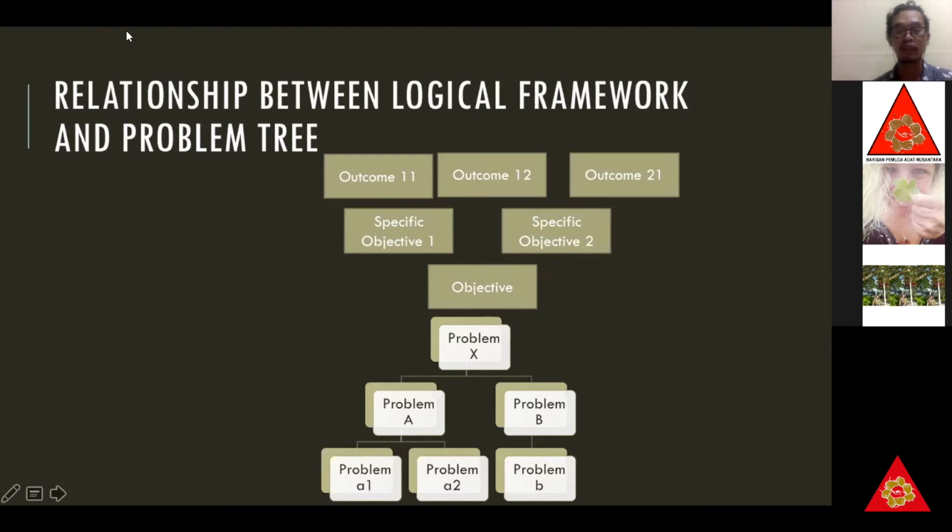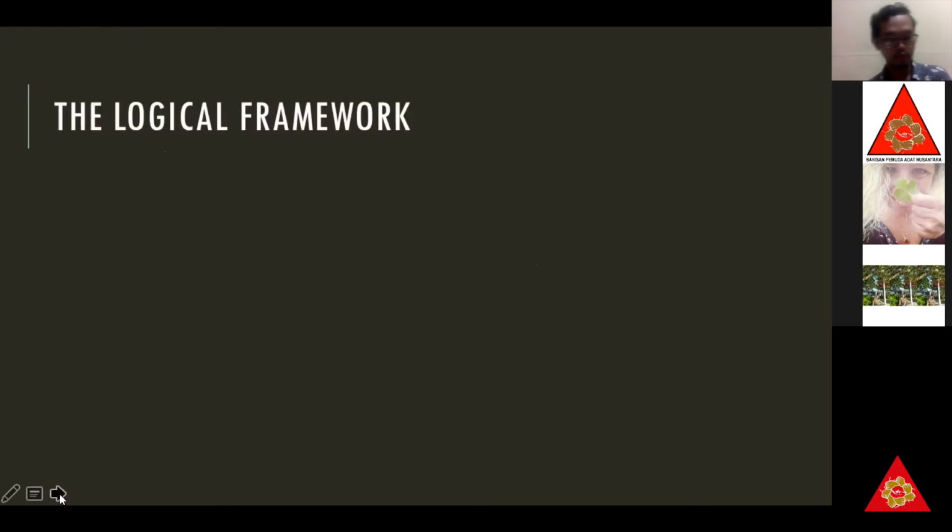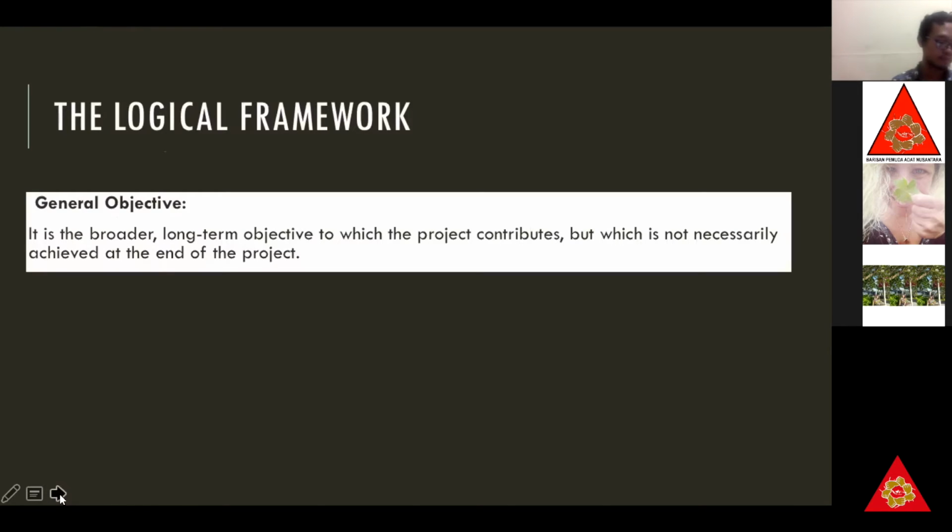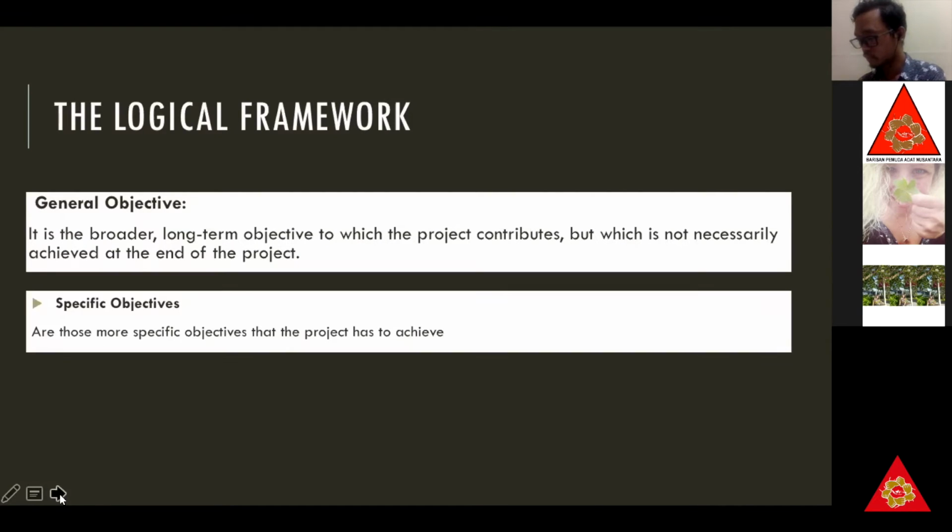Michelle. So the logical framework is a way to organize your project. So you have a general objective, which is the broader long-term objective to which the project contributes, but which is not necessarily achieved at the end of the project.